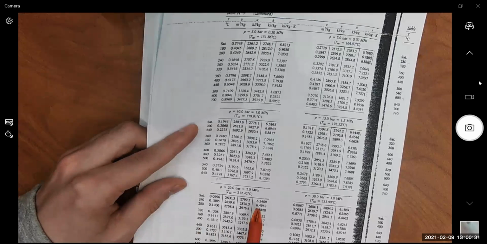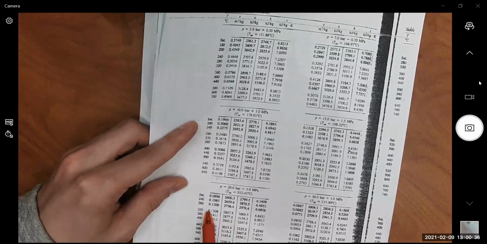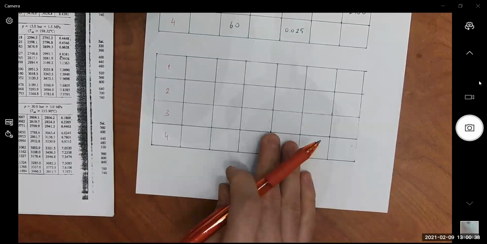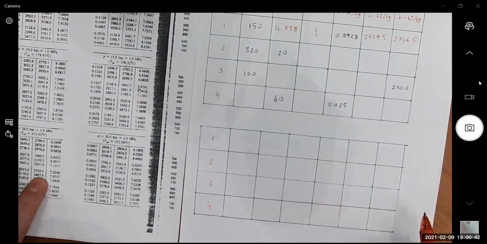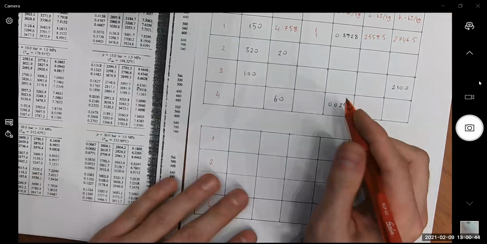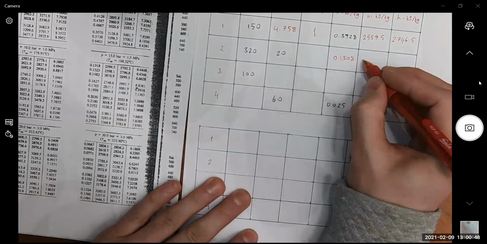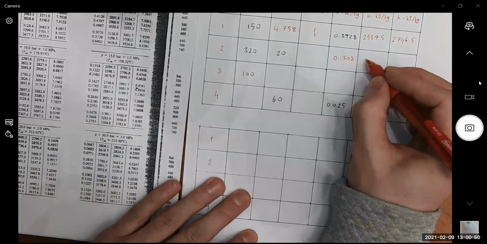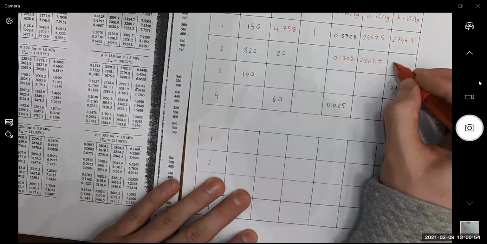Okay, so in this case, it's easy. It's given. We have the exact temperature, 320. So I can write this. Specific volume, 13.8 meters per kilogram. Internal energy is 2,807.9 kilojoules per kilogram.